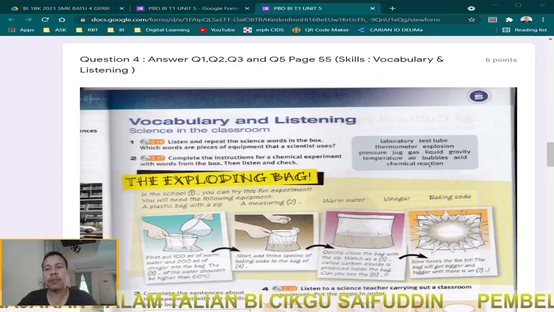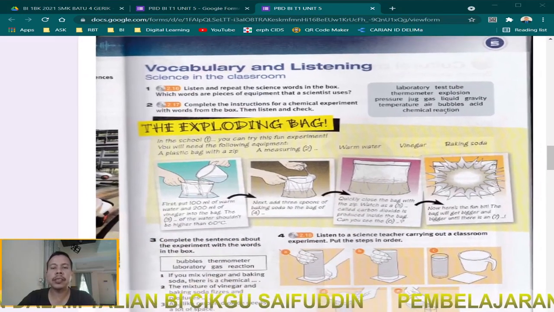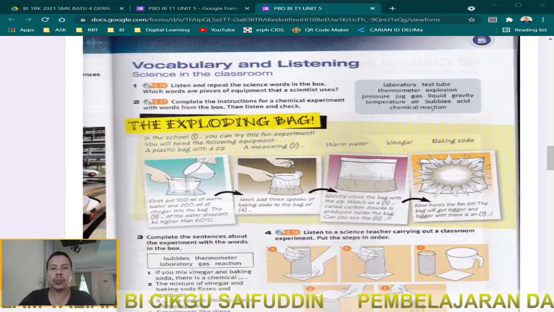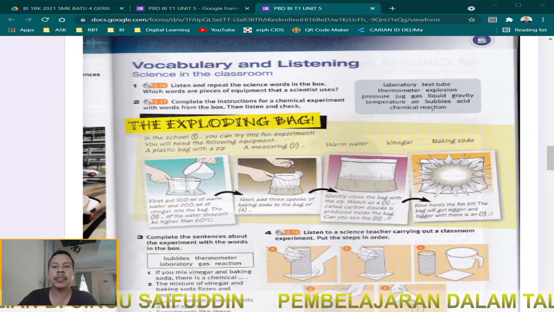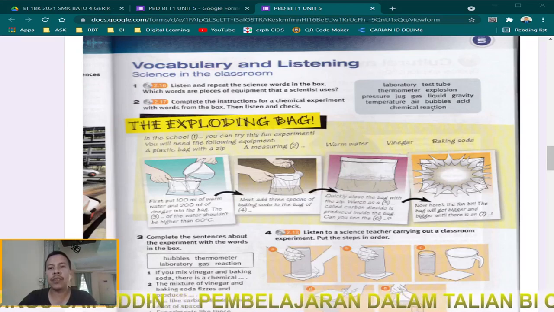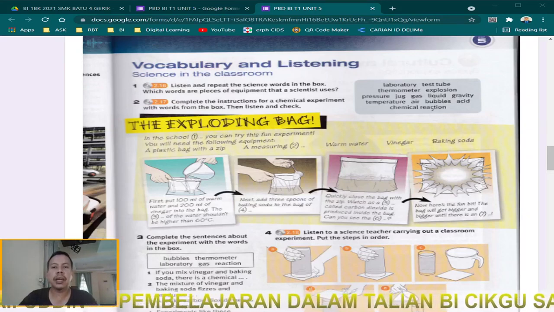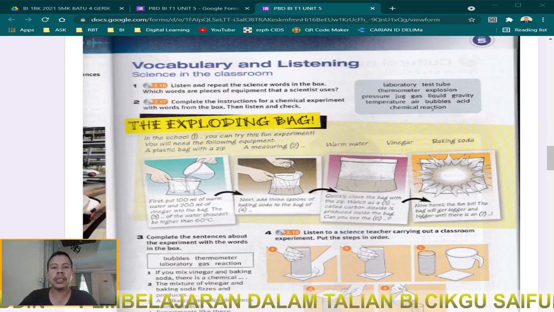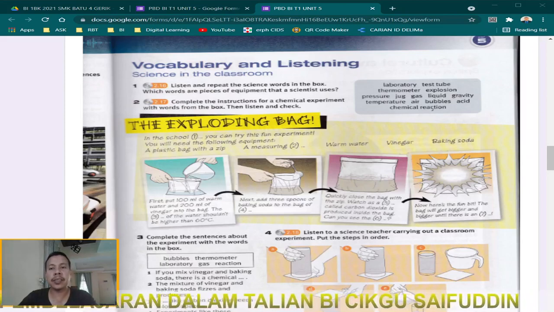Okay, the skills should be vocabulary and listening. So let's look at the vocabulary and listening. Science in the classroom. So I will play the audio 2.16. Listen and repeat the science words in the box. Which words are pieces of equipment that a scientist uses? Okay, apakah perkataan-perkataan yang menunjukkan peralatan yang digunakan oleh saintis-saintis?